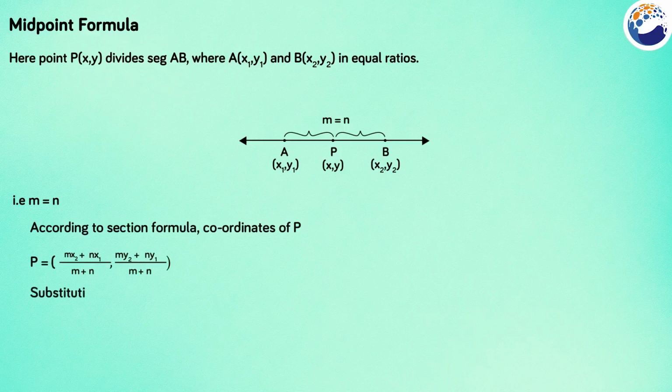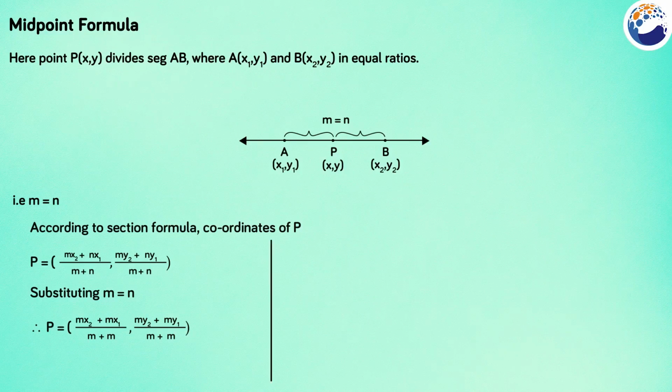Substituting m is equal to n in section formula, we get P is equal to ((mx2 plus mx1) upon (m plus m), (my2 plus my1) upon (m plus m)), which is equal to (m into (x2 plus x1) upon 2m, m into (y2 plus y1) upon 2m).